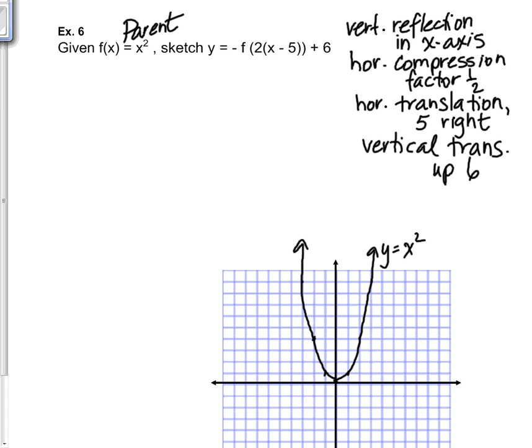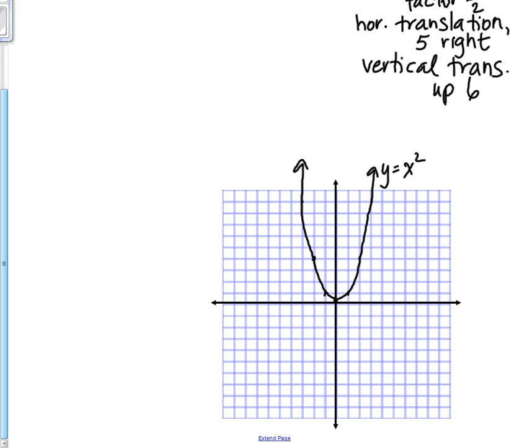Our parent function, parabola, y equals x squared. Our first transformation is a vertical reflection in the x-axis. That means that everything up is down and downs are up. We don't have any downs. So everything that goes upwards goes downward. We are anchored, an invariant point, on the x-axis. So this vertex is invariant. It stays glued.